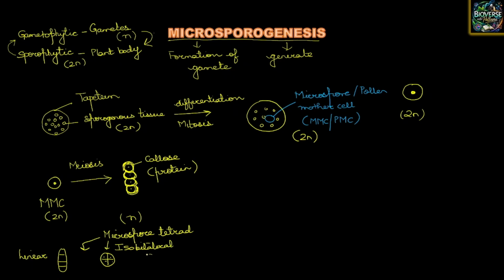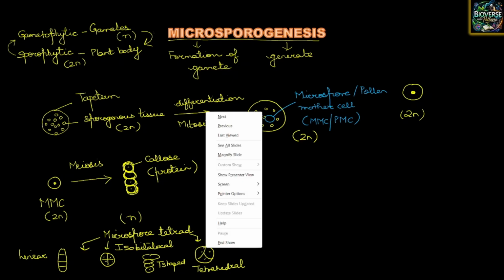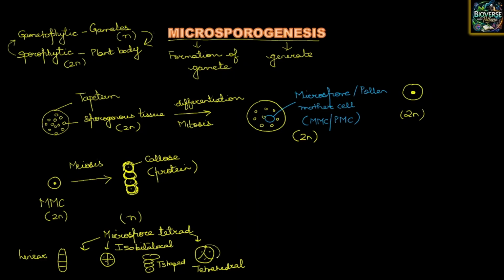When they are present in this somewhat T-shaped structure, then it is a T-shaped tetrad. But the most common type of tetrad that is visible in most of the pollen is the tetrahedral one. So this is your tetrahedral tetrad. Now, the fourth one is not visible because here what we are seeing is a 2D depiction of a 3D structure. Otherwise, in the 3D structure, it is present towards the backside.